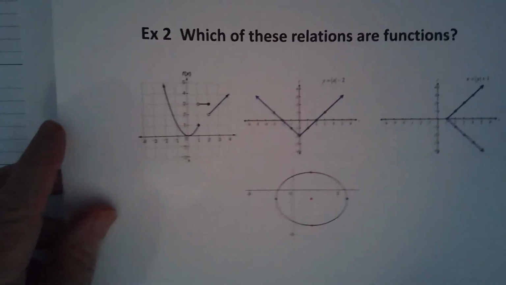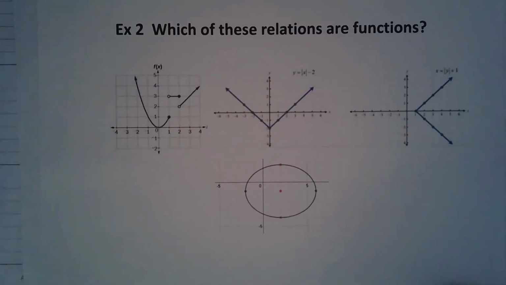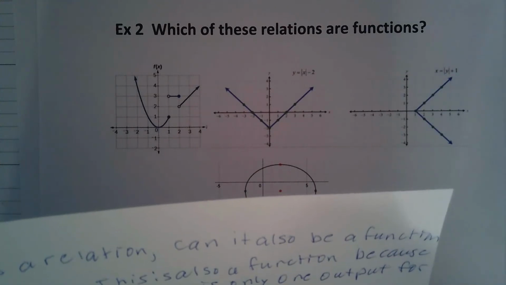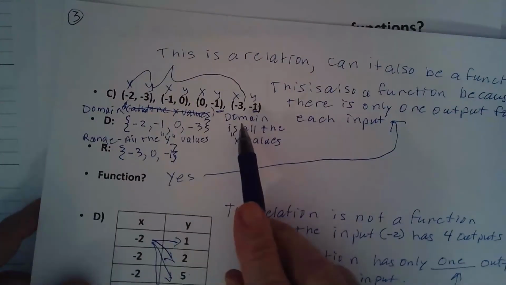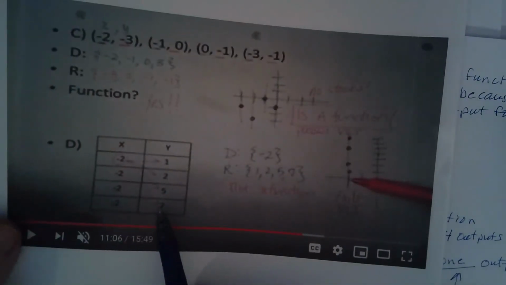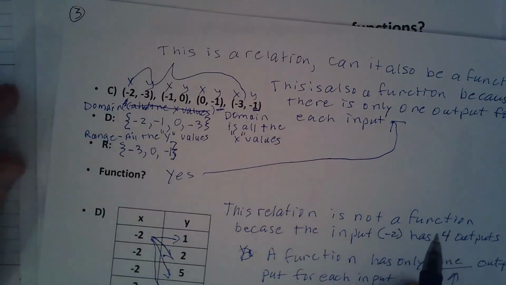So now we're going to just quickly look at some graphs. When do you use only one output for each input? Usually you use that when you're dealing with ordered pairs or a table of values, right? Something of that nature where you're just looking at x and y coordinates and you don't have it graphed.